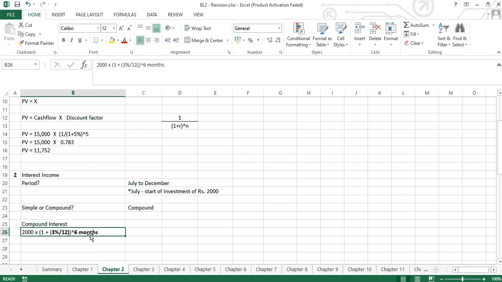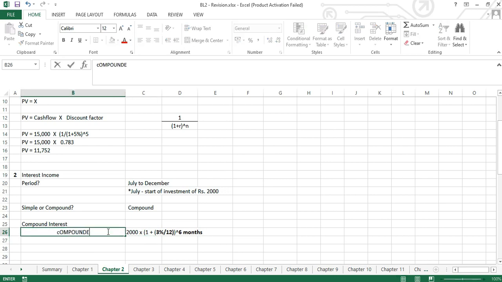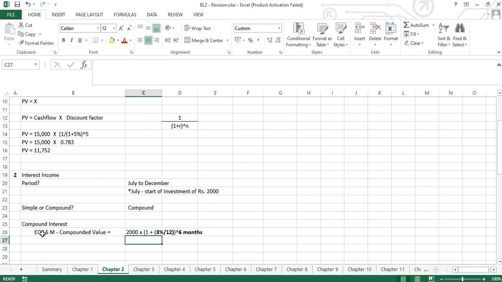Accordingly, to find the compound interest, what we could do is first of all find the future value, or the compounded value, I would say, to make it more familiar. So the total compounded value at the end of 6 months, if you calculate, is 2030.